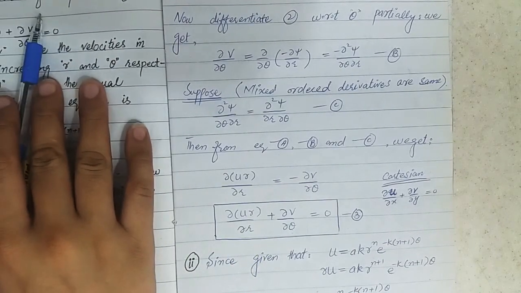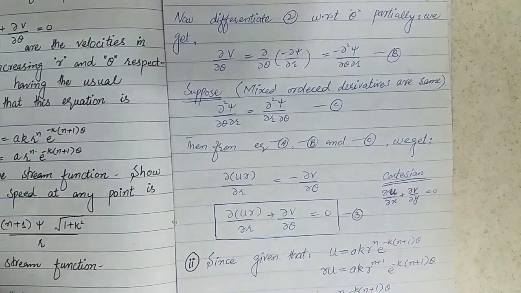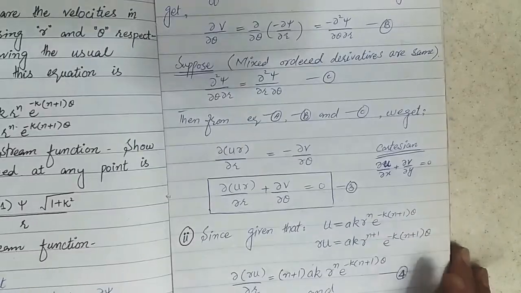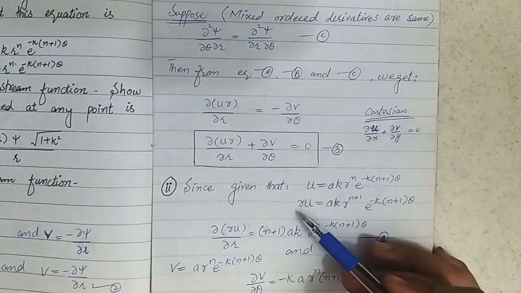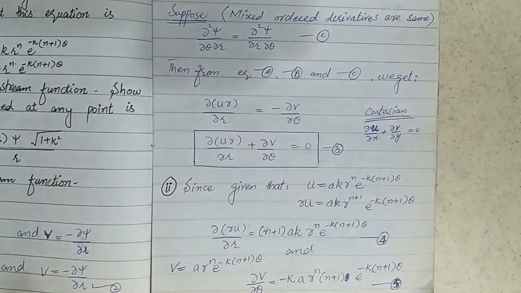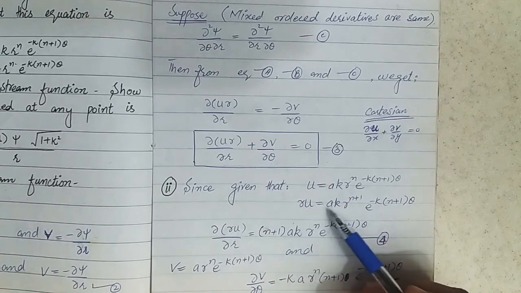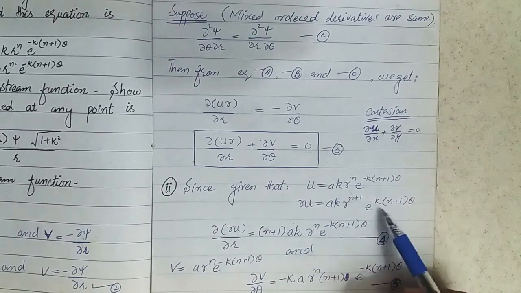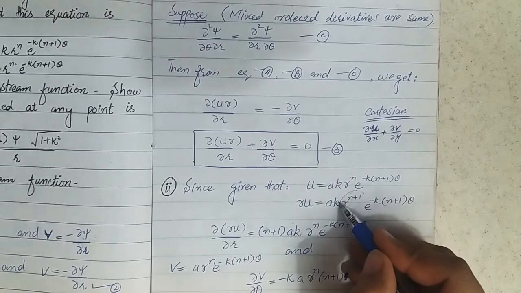Now we have to show that these u and v components satisfy the equation of continuity. So we take u, multiply with r and take the derivative with respect to r, and take the v component derivative with respect to theta. When we take the derivative of the u r component with respect to r, all terms remain as they are, and only r to the power n plus 1 is handled using the power rule.